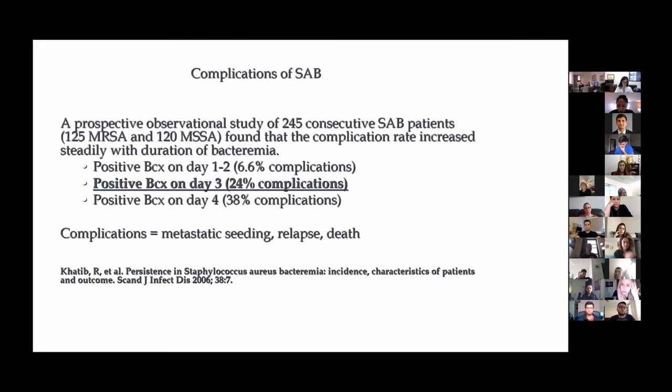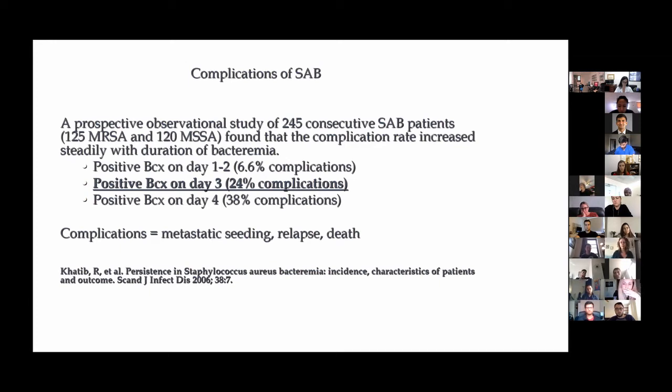The reason that we are so worried about Staph aureus bacteremia is nicely illustrated here. In this study, what they looked at is, if the blood cultures are positive on day 1 or 2, only 6% of people actually have a complication. But if the blood cultures remain positive on day 3, the incidence of complication increases to 24%, which is significant.